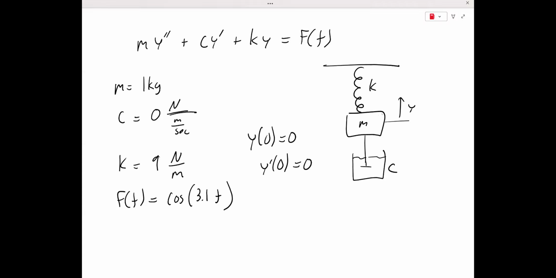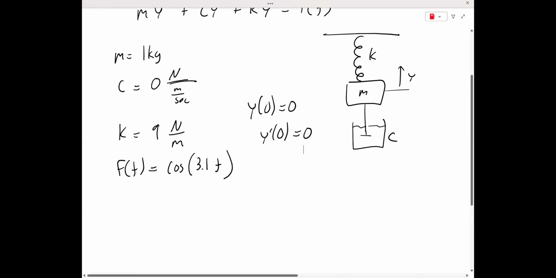Notice this could be positive or negative, so sometimes it's pushing up and other times pushing down, depending upon the sign of this at any particular time. The force oscillates.